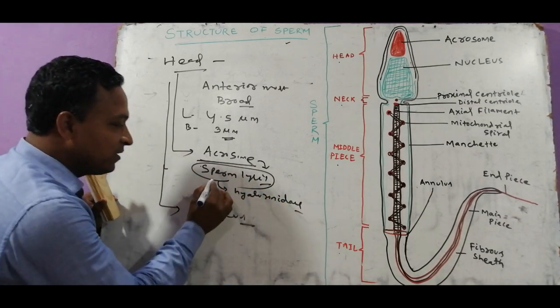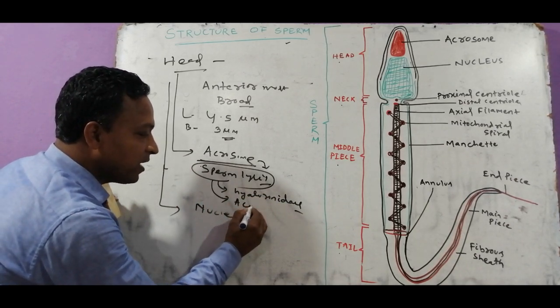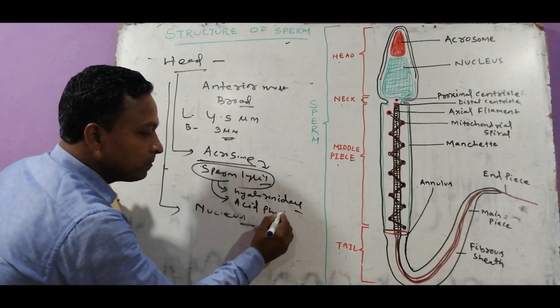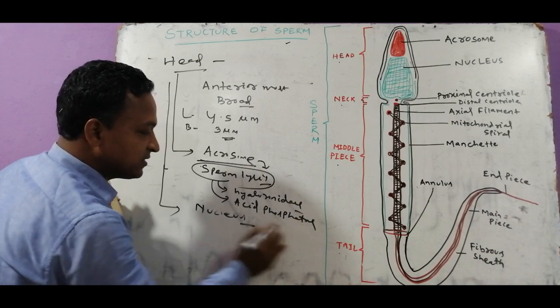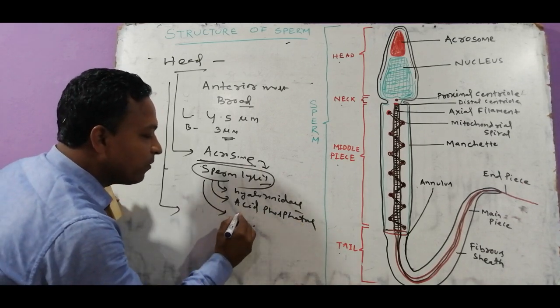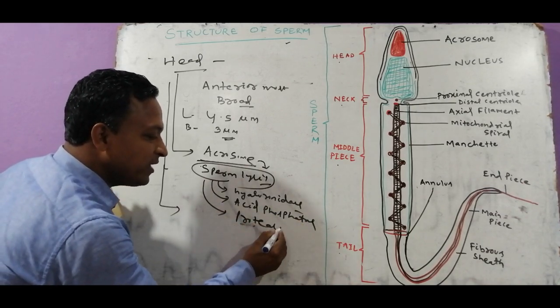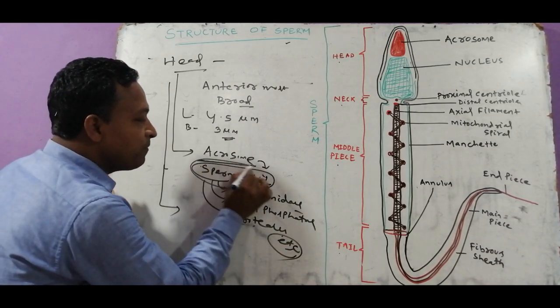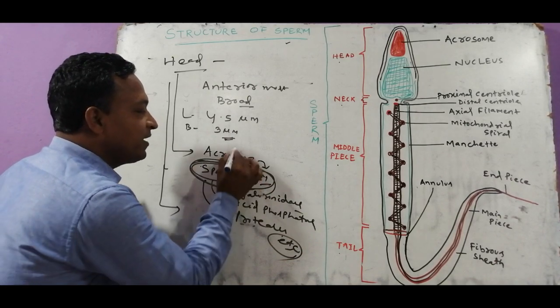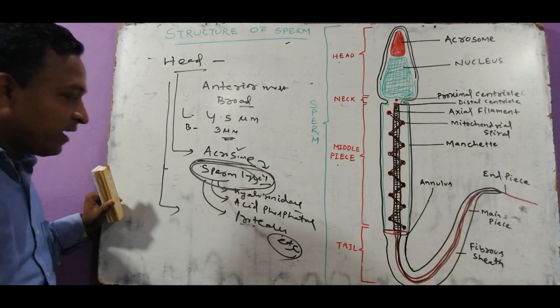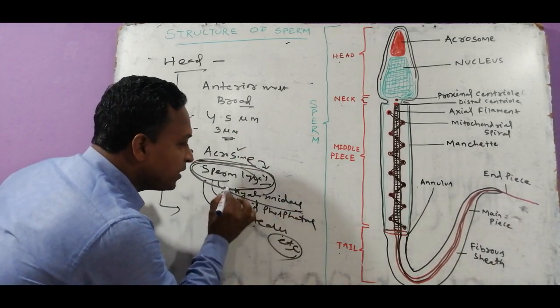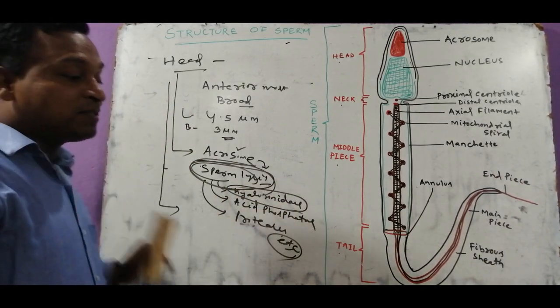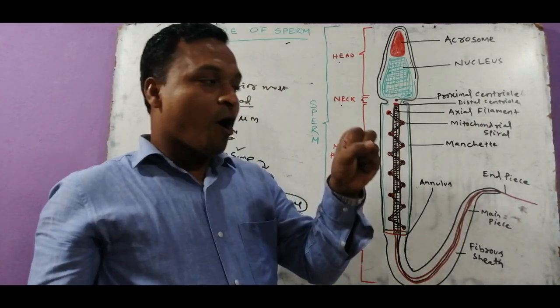Spermolysin is a mixture of enzymes which contains hyaluronidase, acid phosphatase, and proteases. The main role is played by hyaluronidase, which helps in penetration of the sperm into the ovum.